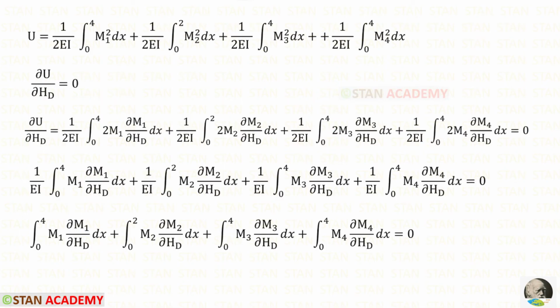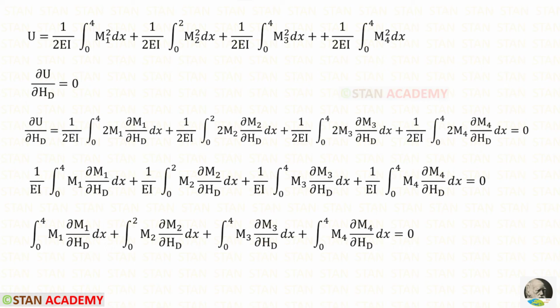When we partially differentiate the strain energy U with respect to HD, we will get the horizontal deflection at D, which is 0. Let us partially differentiate U with respect to HD. When we partially differentiate these with respect to HD, we will get these.